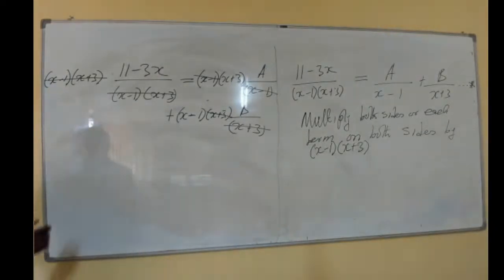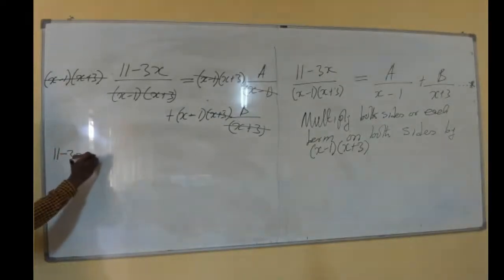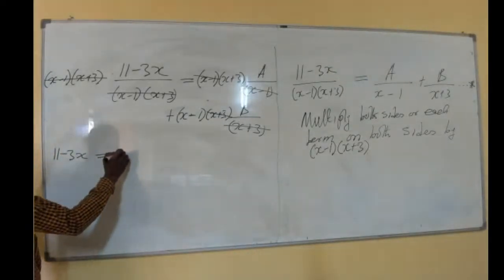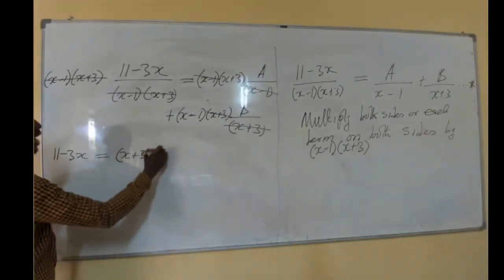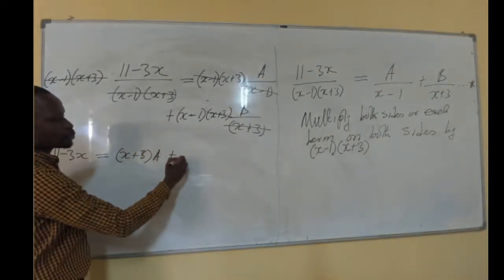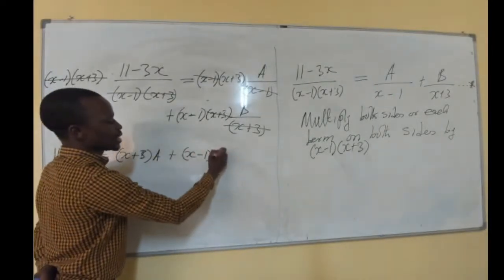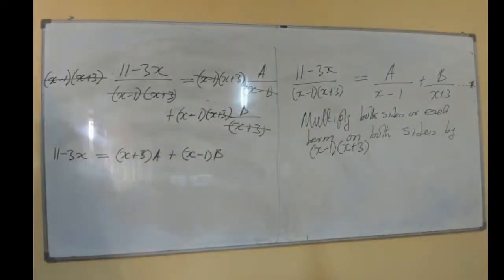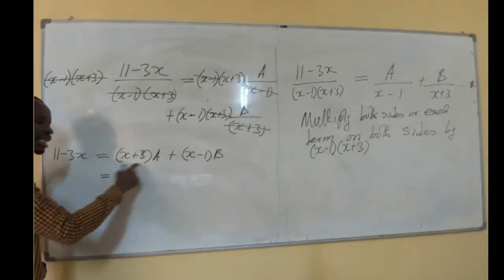So generally, on the left-hand side, we are going to remain with 11 minus 3x, which is equal to x plus 3 multiplied by a plus x minus 1 multiplied by b.